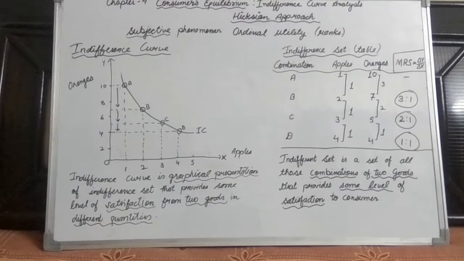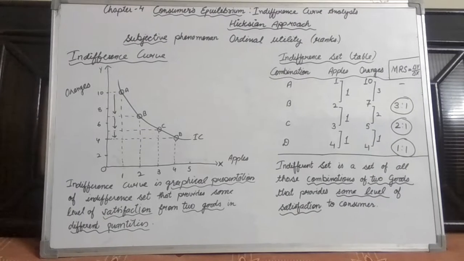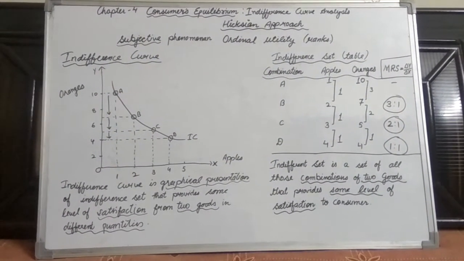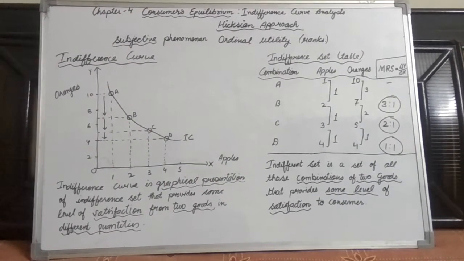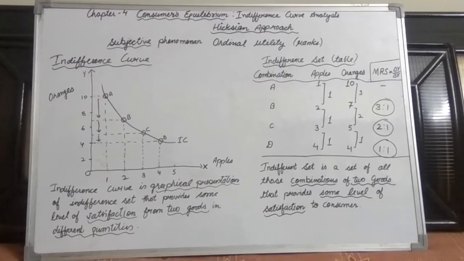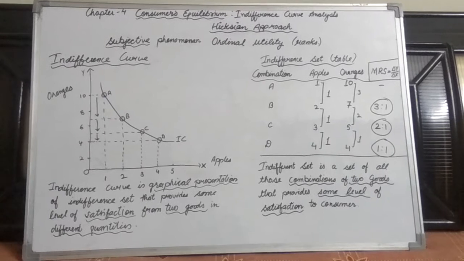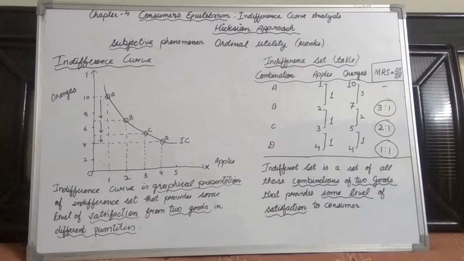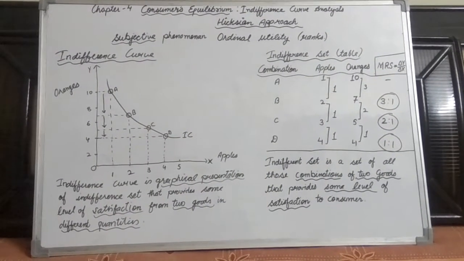Let's focus on these downward sloping arrows whose size is decreasing one after another. This decreasing size of the arrows shows the decreasing rate of sacrifice by the consumer for an additional quantity of the good. This decreasing rate of sacrifice by the consumer is responsible for the convex shape and downward slope of the indifference curve.